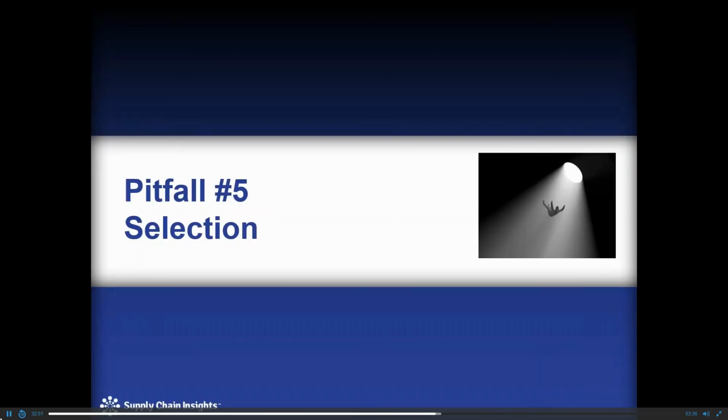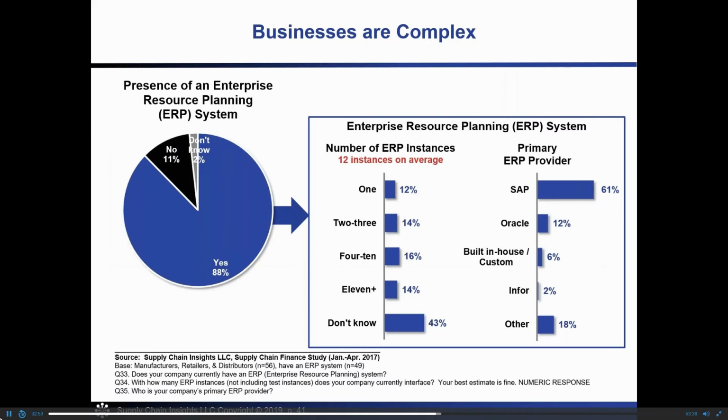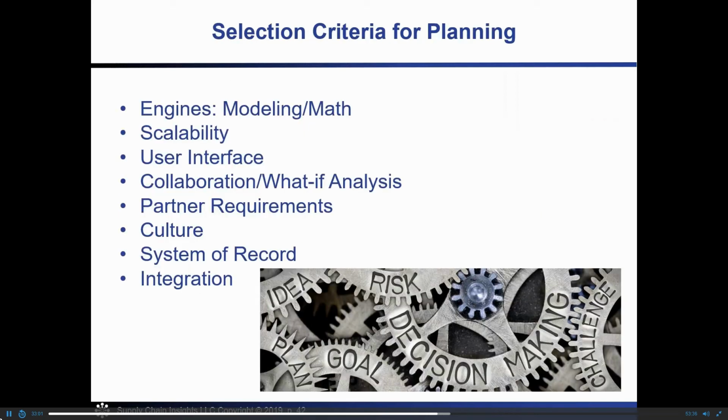So let's get to selection. Most people have very complex environments. They've got 12 ERP instances. They've got 5 to 7 APS systems. And when they look at the criteria for selection of a demand planning tool, they're not clear on what matters.